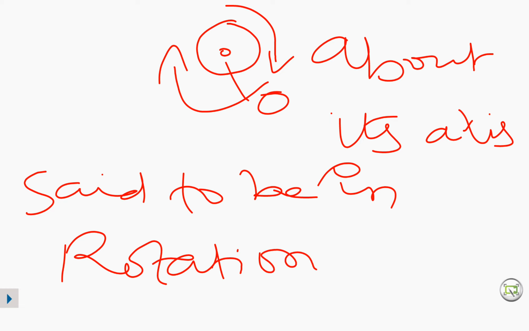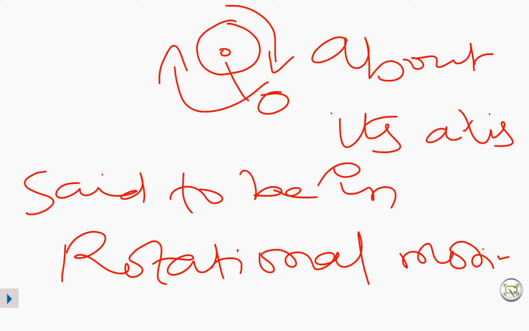So these are the major definitions of translational and rotational motions. If an object moves in a uniform linear straight path, it is said to be in linear or translational motion. If an object rotates about its axis, then it is said to be in rotational motion.